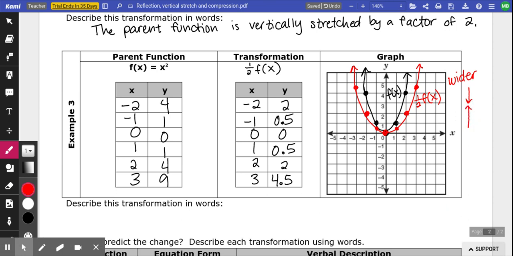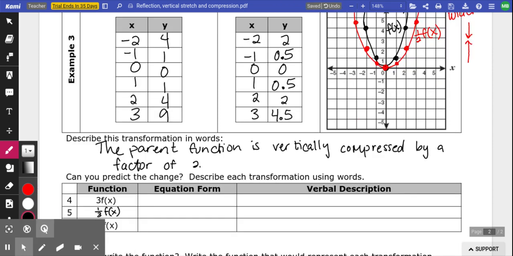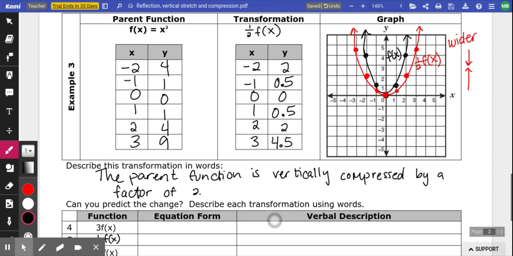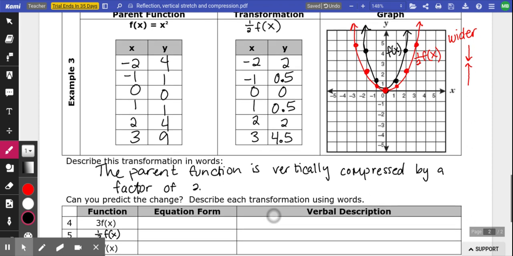It's like it's being squeezed down, which has caused it to become wider. That means that whenever we have a number less than 1, between 0 and 1, our graph is going to become vertically compressed by the scale factor. So the parent function is vertically compressed by a factor of 2. Just a reminder, whenever we're working with our compressions and our fractions, our scale factor is actually the denominator.